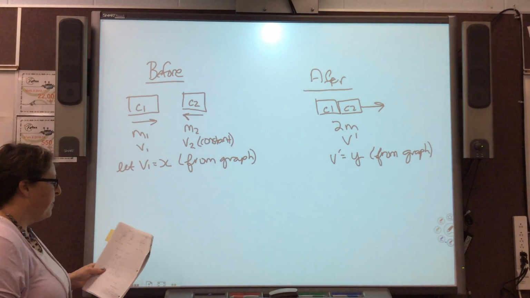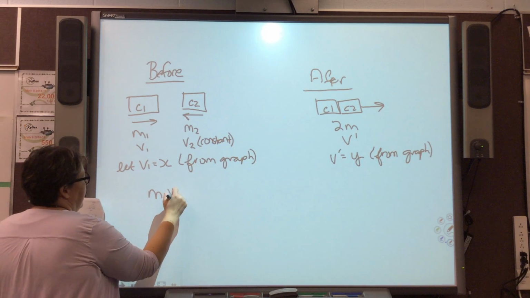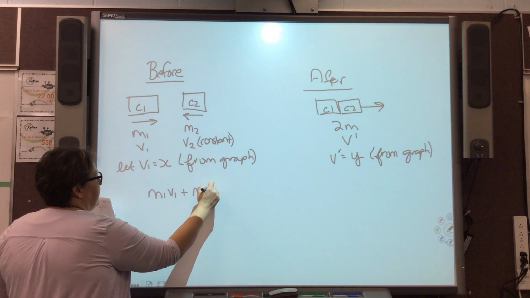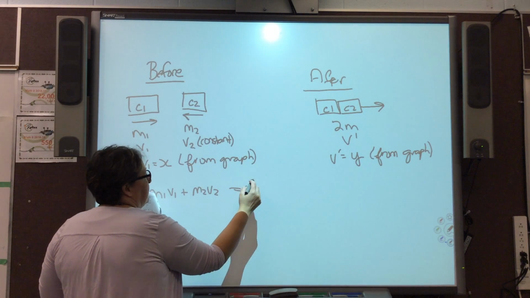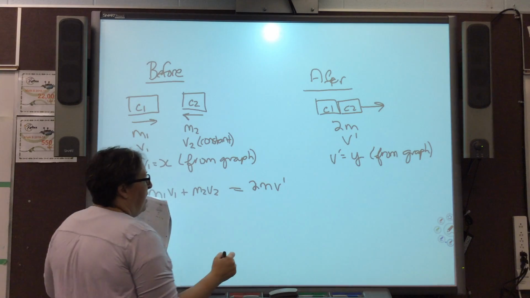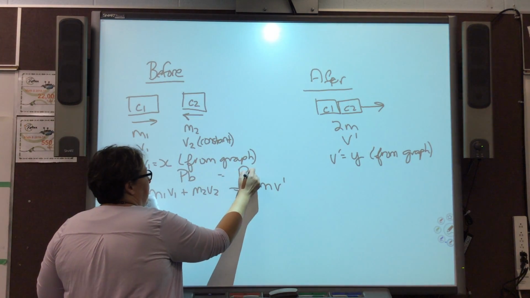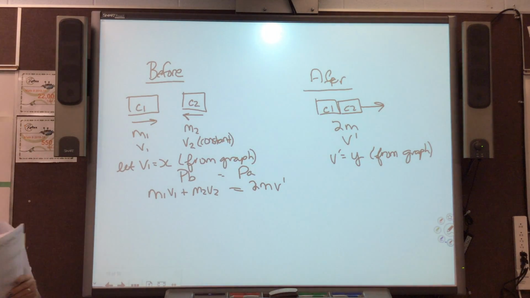So m1 v1 plus m2 v2 is going to be equal to 2m times v prime. And this is momentum before being equal to momentum after. Remember the conservation of linear momentum?